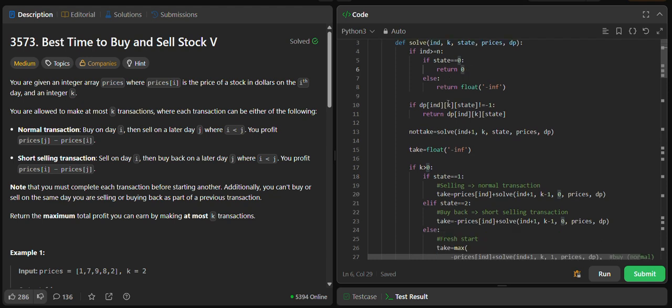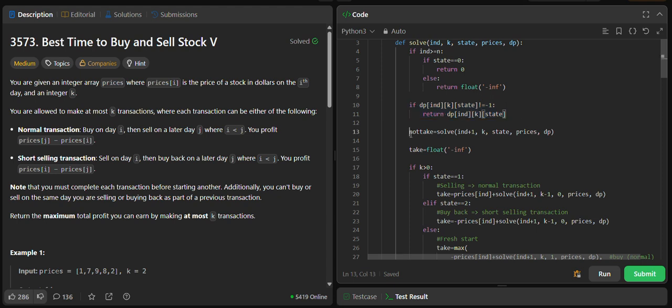Otherwise, if we are in the middle of any transaction, it may be normal or short selling, but we have reached the end, so we have no option to complete the transaction, so we return float negative infinity. Now if the dp[index][k][state] already exists, then we return the value.